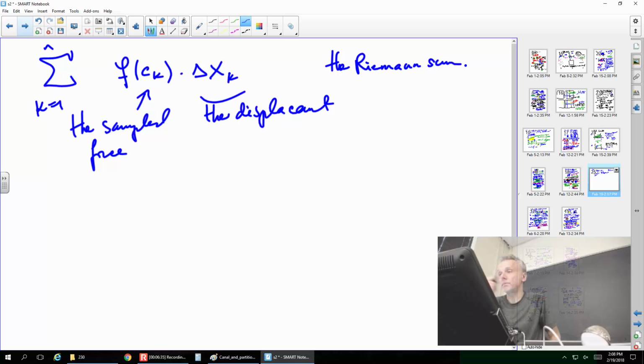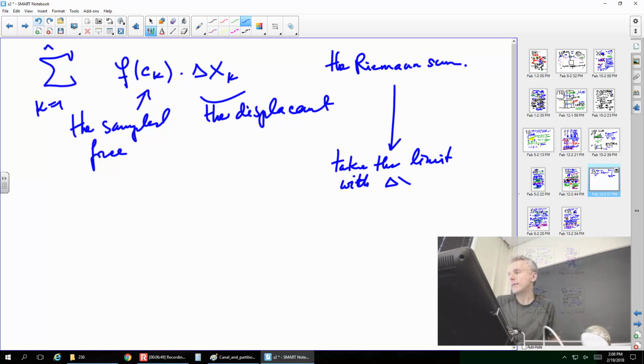Okay, progress the same way as before. Take the limit with delta x going to 0. The end result, the Riemann integral.